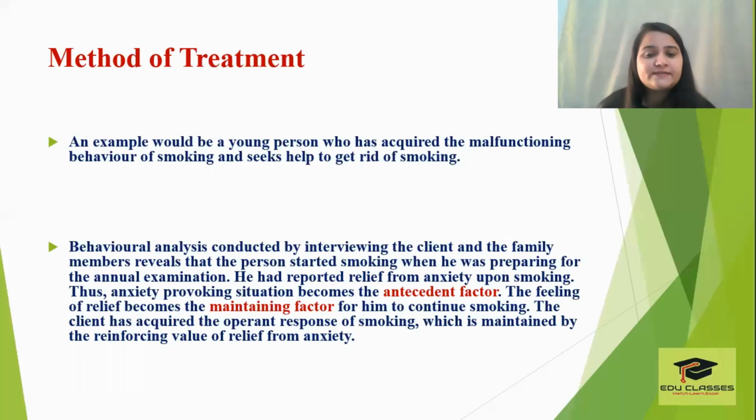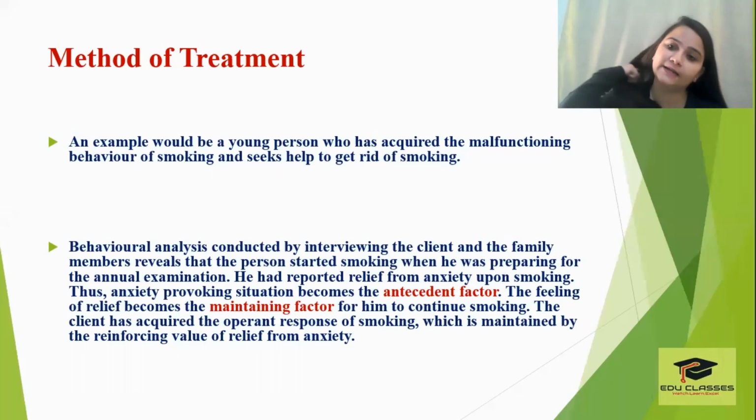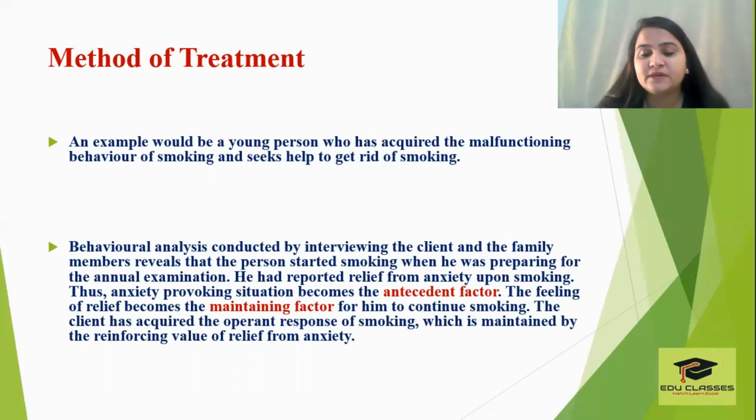यहाँ पे ऐसा कोई भी situation जहाँ पे anxiety हो रही है वो आपका antecedent factor या originating factor बन जाएगा. The feeling of relief, यानी smoke करने के बाद the kind of relief that he felt here becomes the maintaining factor, because the person feels that smoking is helping him to calm down, and therefore this becomes the maintaining factor for him.